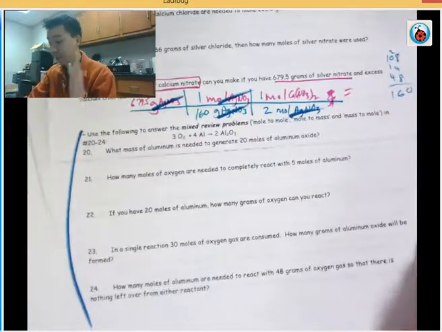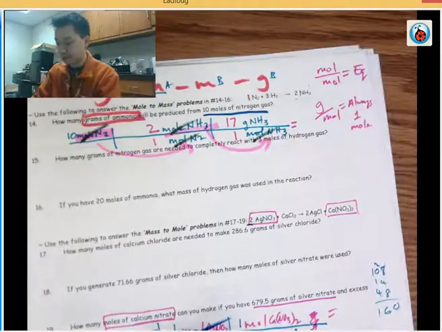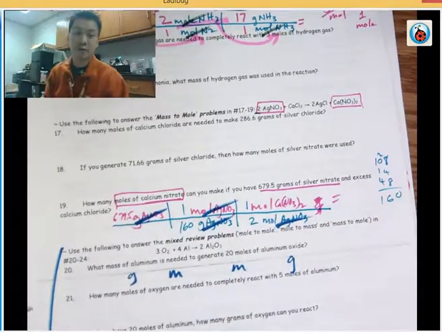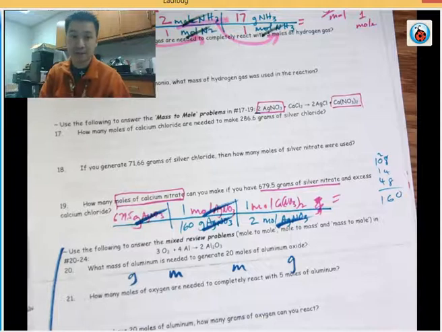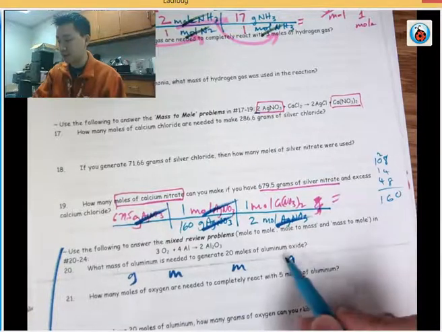But if you remember to follow my path of grams, mole, grams, you should always get these right, or at least set them up right. Like number 20 here: what mass of aluminum is needed for 20 moles of aluminum oxide?